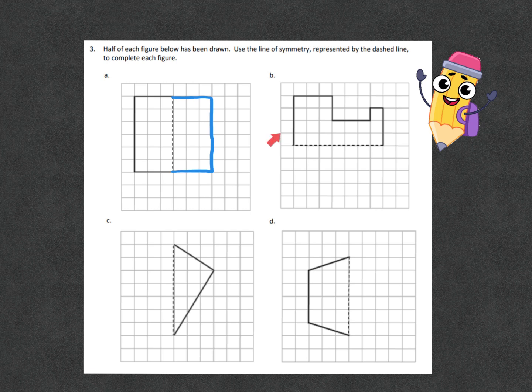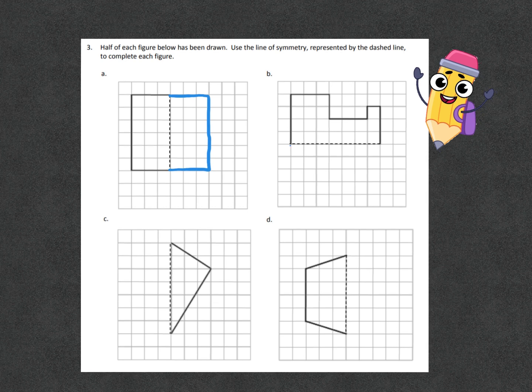Figure B is going to be a little bit more challenging, but here we can see our line of symmetry represented by the dotted line. Using our grid paper, we can see that our first line needs to be 4 units from our line of symmetry.